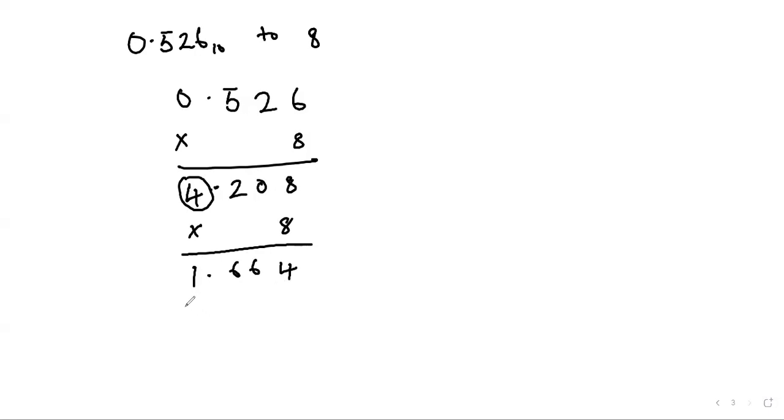So you multiply again. There is no limit to the amount of multiplication you want to do. You can continue as long as you want, but to be fair, 3 or 4 times is enough, at least 3 or 4 decimal places. So if you do 8 times 0.664, that will give you 5.312.